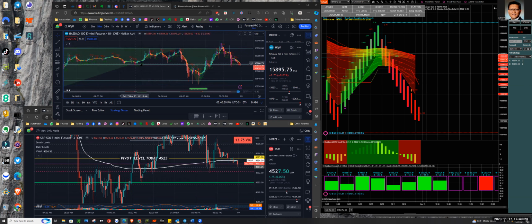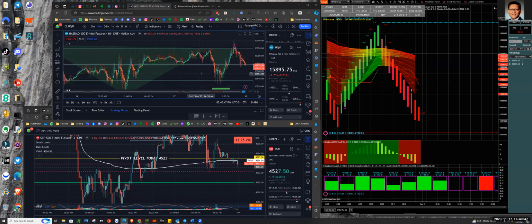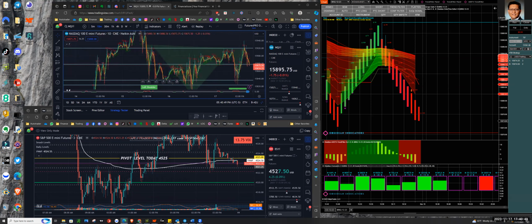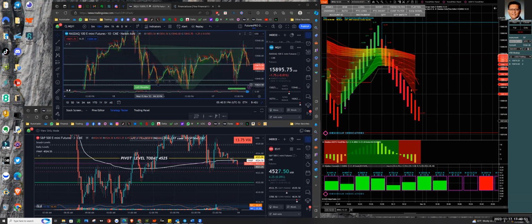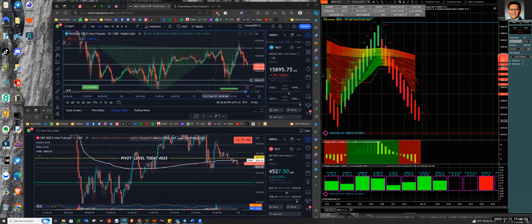So this one is level to level from here all the way down to this level, quadruple bottom, and then all the way up. Once it stalled right here, all the way down to that level, and it pretty much closed on that level. DR is something to talk about, but not today.